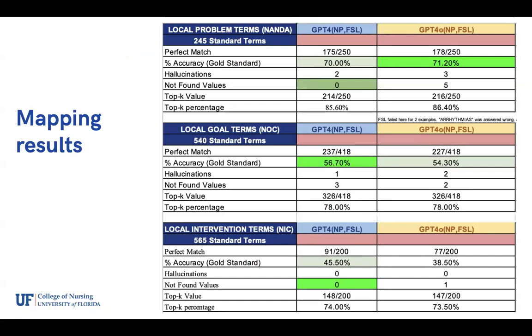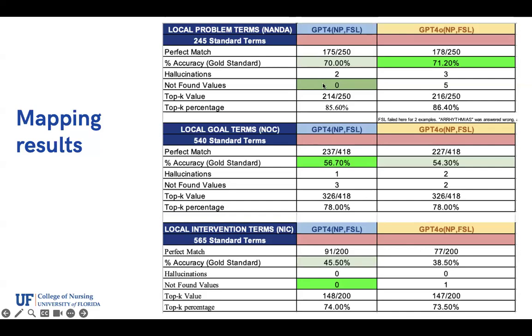So here we are comparing the results of the LLM, the large language model, performing the mapping versus the human performing the mapping, because we did map a subset of interventions manually as well, so we could see how accurate the models are being.